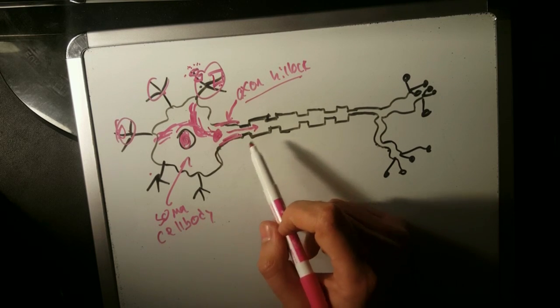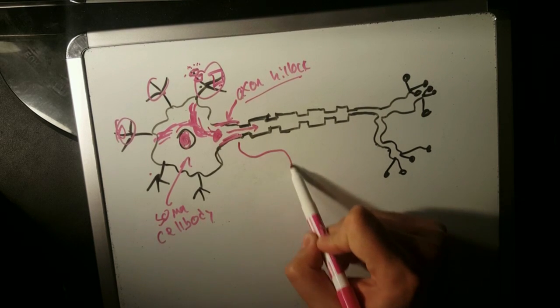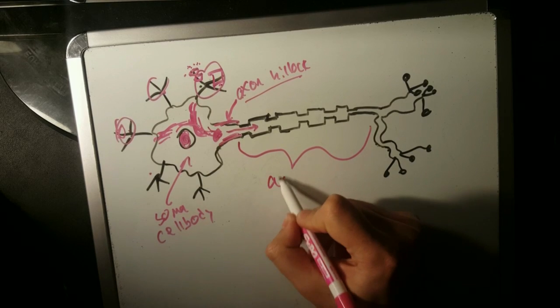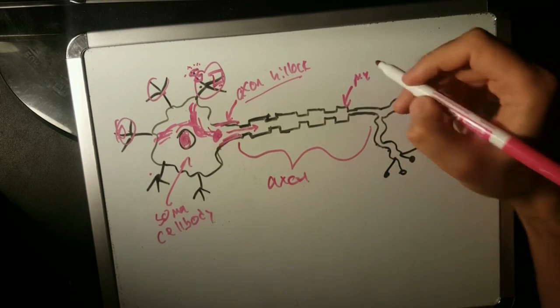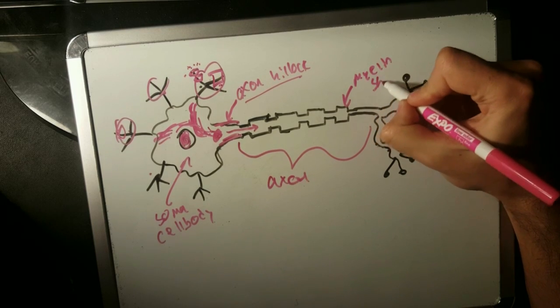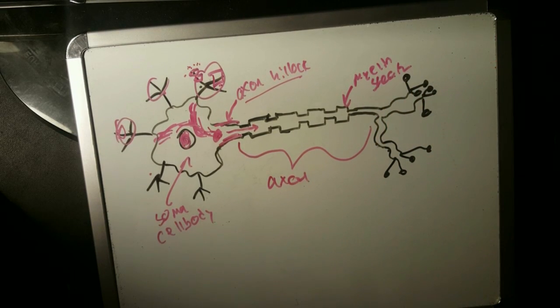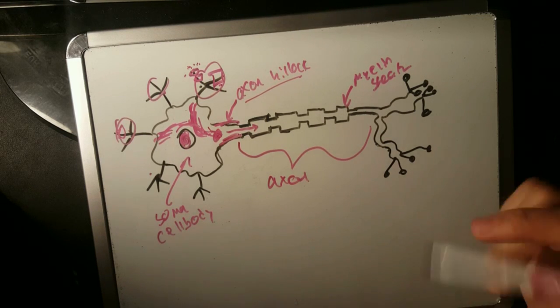Just moving forward, we're going to talk about the axon. The axon is all of this here, so axon. In the axon, we have the myelin sheath, and the myelin sheath is made up of 20 to 200 layers of modified plasma membrane provided by a supporting cell.